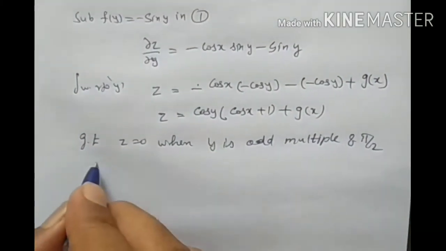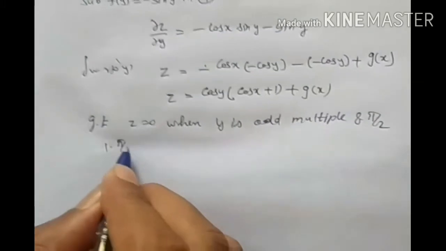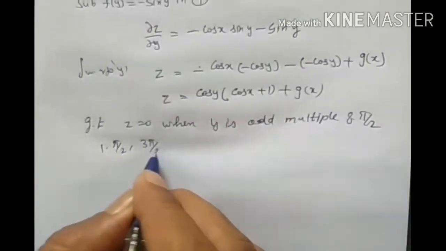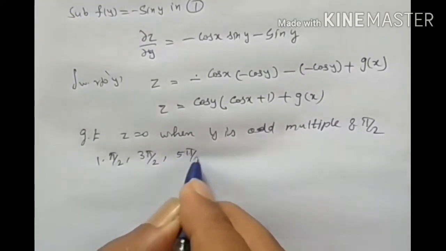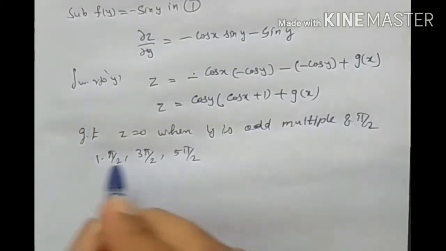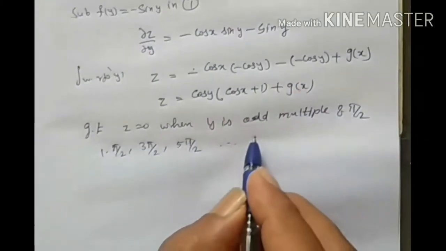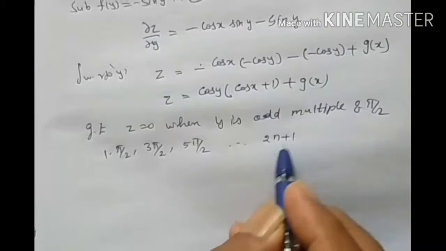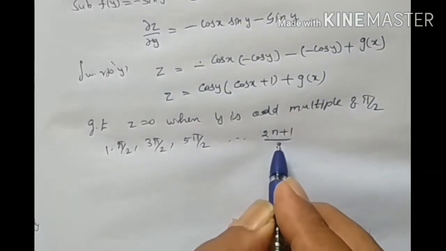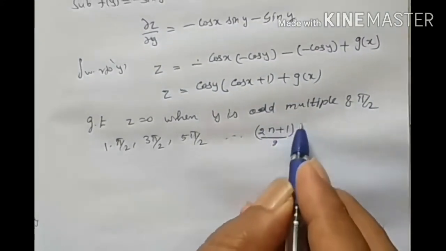What is an odd multiple of pi by 2? 1 times pi by 2, 3 times pi by 2, 5 times pi by 2. So these are odd numbers. We can write it as (2n plus 1) pi by 2.